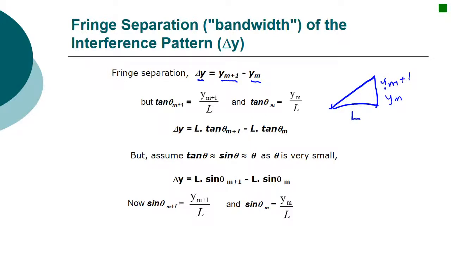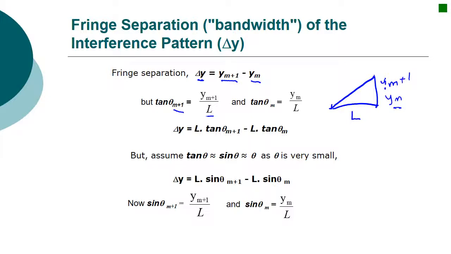You can see that we've got two sides of a triangle, and we can use those to know that it's tan, because we don't have a hypotenuse. So straight away we know that we've either got tan theta of m plus 1 is y of m plus 1 over L, or the alternate scenario, tan theta of m is y of m over L.